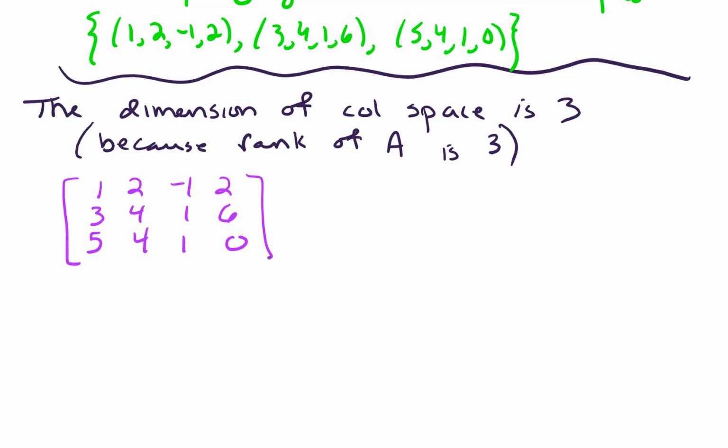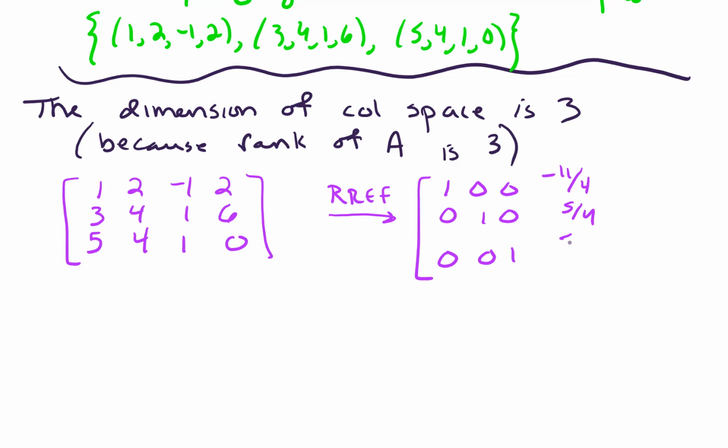And then the RREF version of A, so when we put this in reduced row echelon form, we got down to another matrix here. Let me just write it down quickly. And you can find the dimension of the column space by just looking at the columns where you have these leading ones. So my first 3 columns have these leading ones.